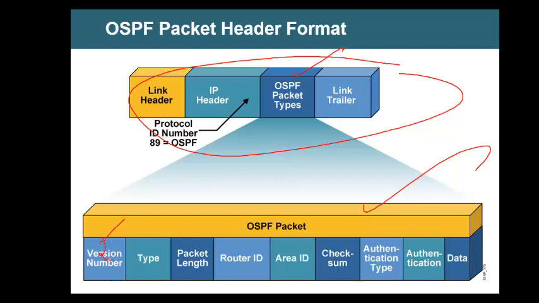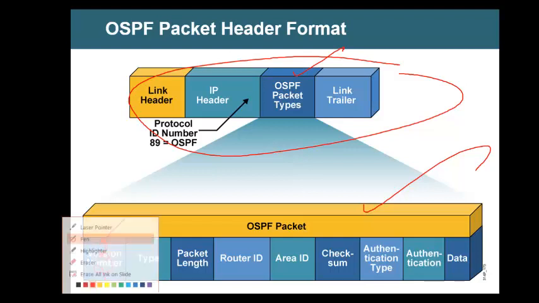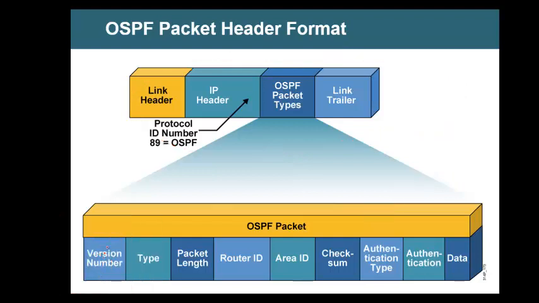OSPF version 2 is the version which was designed focusing on IPv4, but now IPv6 is also supported. But there is another version called version 3 which supports both IPv4 and IPv6, but it is designed keeping IPv6 in mind. So we got two versions, version 3 and version 2.